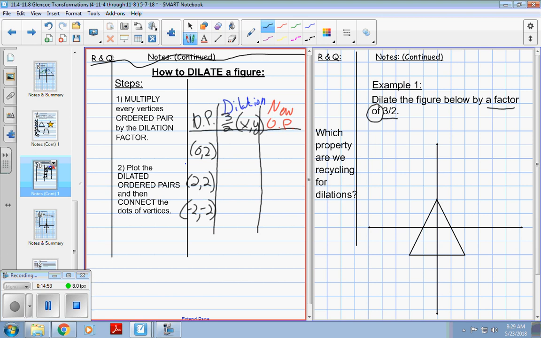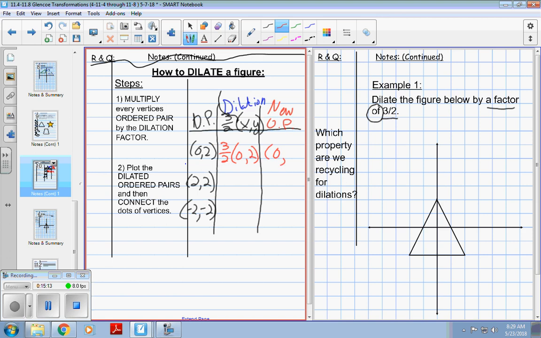Now think, what is this property we're going to use when we have this multiplication here on a parenthesis? Yeah, if you said distributive property, you're right. So what we're going to have to do for each of these is to distribute the 3/2 into the ordered pair to get our new ordered pair.